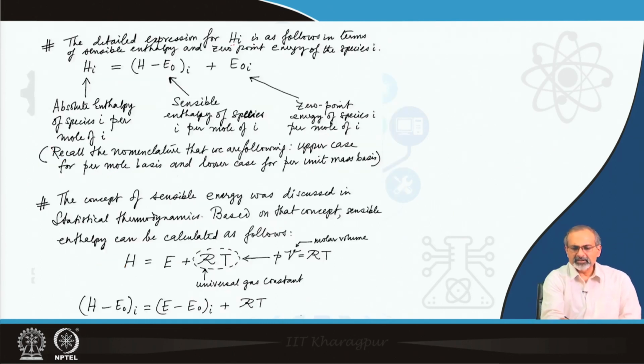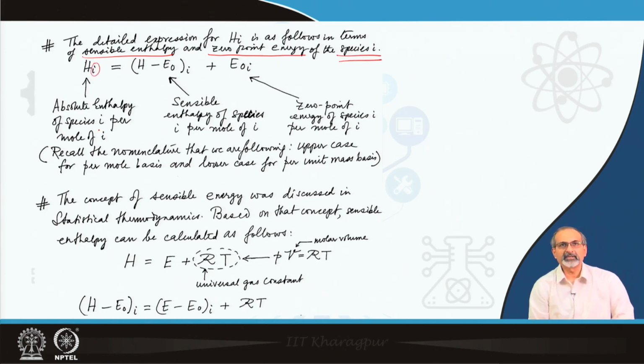Now, the detailed expression for H I can be written in this form, where we segregate it into two parts. One is the sensible enthalpy and the other is the 0 point energy of the different species. So, we associate an I in the suffix indicating that this will happen to each species.